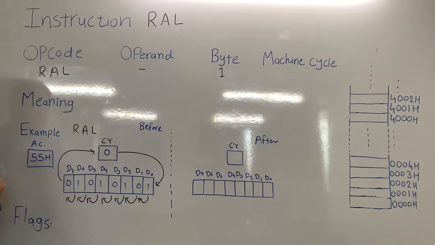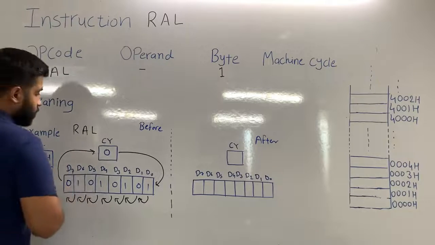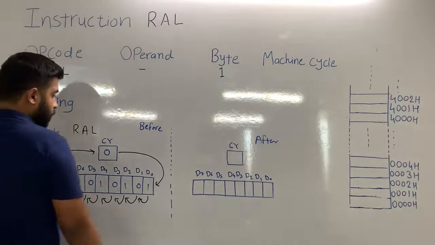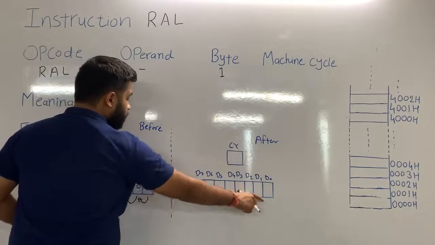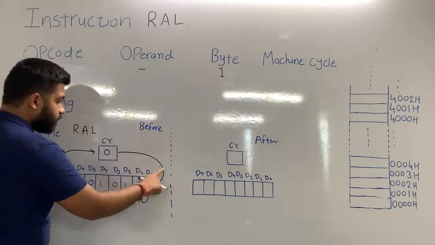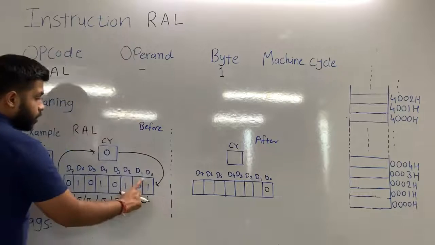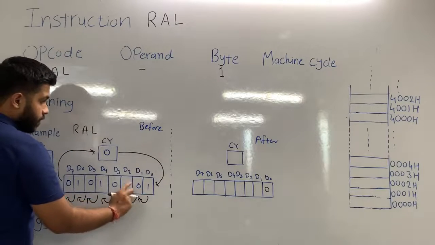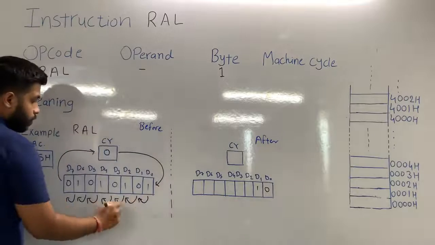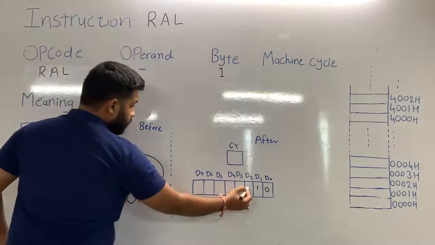Okay, so let's see what will be the value of accumulator when this instruction is executed. All the bits are shifted by 1 bit. Let's see what will be the value in D0. As you can see, the content of carry is shifted to D0. So in D0 there will be 0. The value of D0 is shifted to D1, so in D1 there will be 1. In D2, the content of D1 is shifted to D2, so in D2 there will be 0.